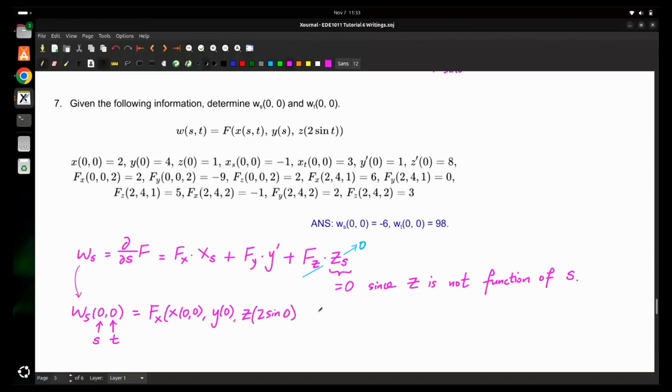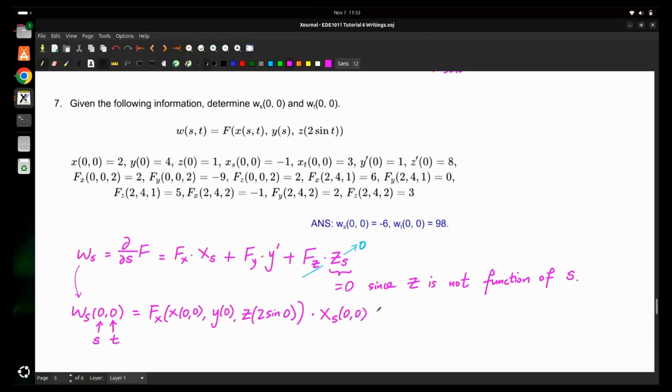So 2 sine 0 also 0. Okay, but just to write it completely. Okay, then it's going to multiply by X sub S at 0, 0. Okay, because X sub S, you can see the S and T here, also at 0, 0. So this is the first term.